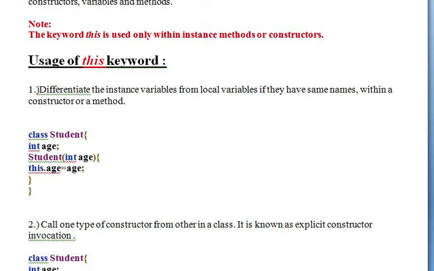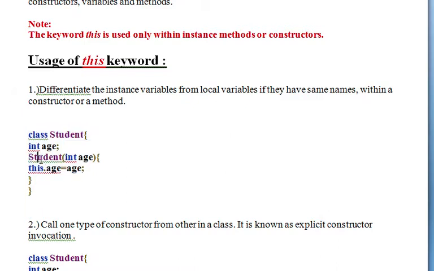Let us understand this with the help of one example here. Here is the class student and there is one instance variable of integer type, that is age, because age is defined inside the class, so it is the instance variable.